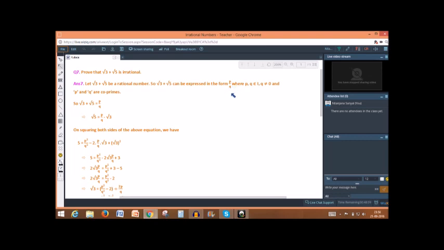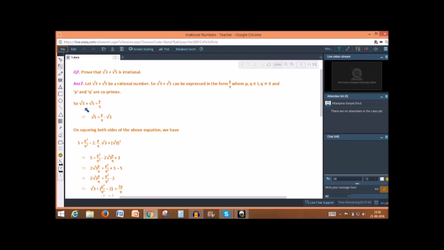Rational number in its simplest form, in its lowest form, because p and q are co-primes. That means the numbers 8 and 9 do not have any common factor between them. So we form this equation, that is root 3 plus root 5 equal to p by q.